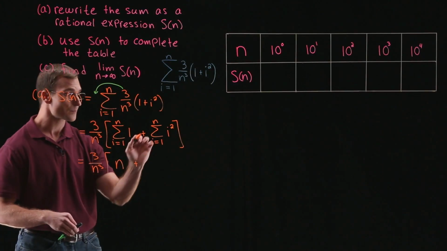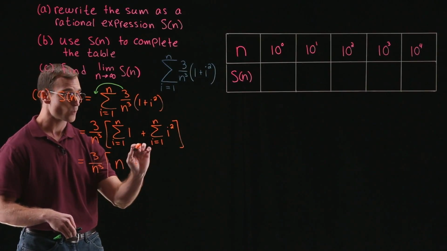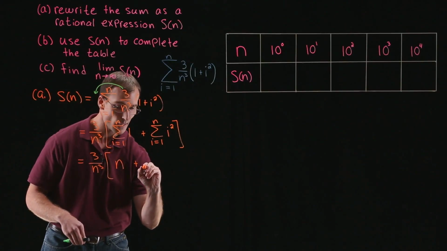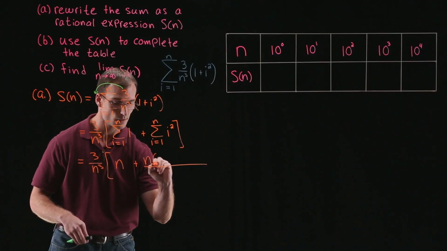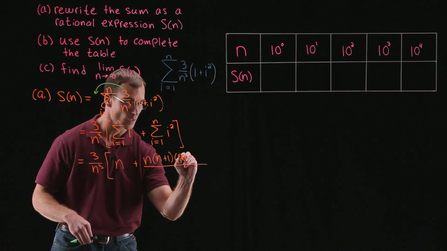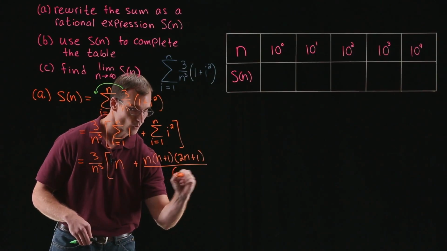And that's going to be plus the sum from i equals 1 to n of i squared. We have a formula for what this sums out to: n times n plus 1 times 2n plus 1, all over 6.